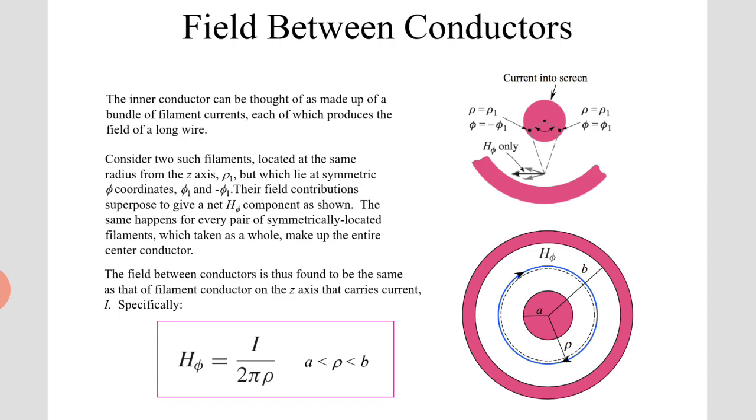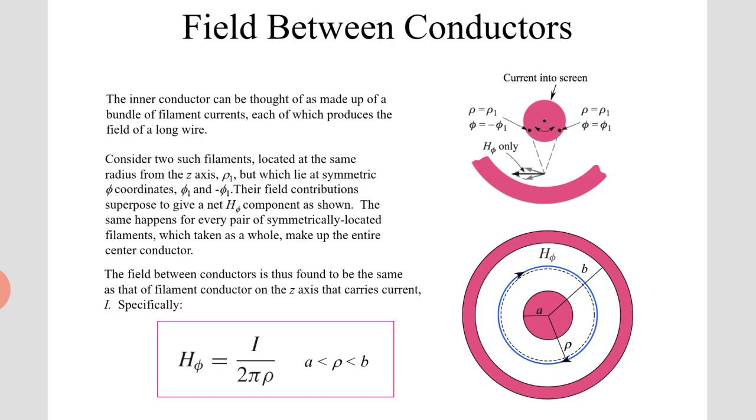As an example, we consider two such filaments on the inner conductor located at the same radius from the z axis, that is rho 1, but which lie at symmetric phi coordinates, phi 1 and minus phi 1.